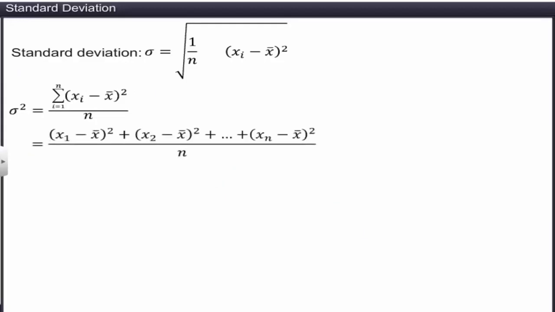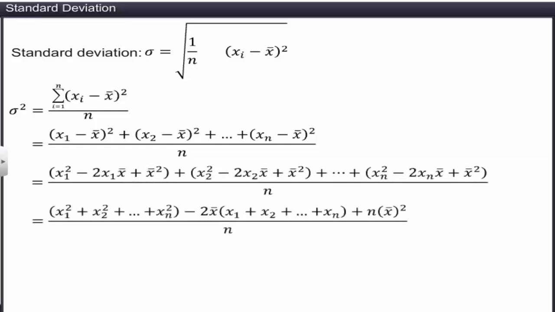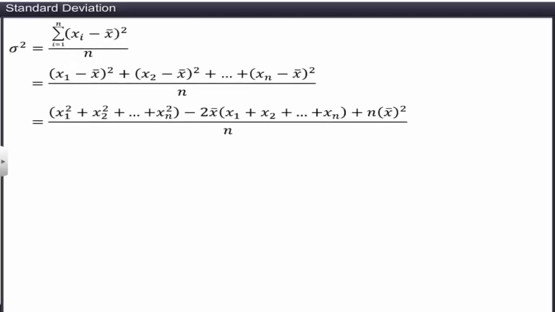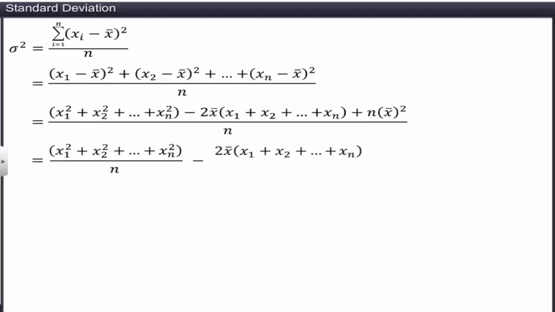On rearranging the terms and simplifying, we get x1 squared plus x2 squared plus so on till xn squared, whole divided by n, minus 2 x bar multiplied by x1 plus x2 plus so on till xn, whole divided by n, plus n multiplied by x bar squared, whole divided by n. We know that the sum of the observations divided by the number of observations gives the mean of the observations.